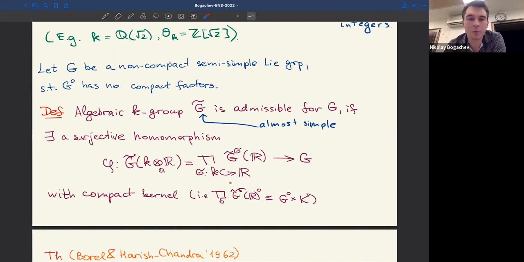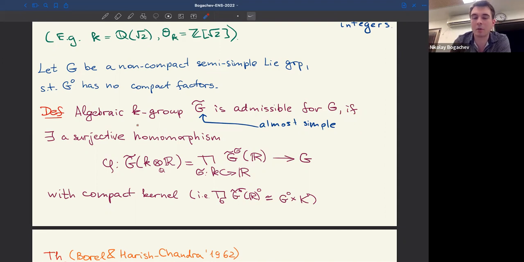So what does this product mean? We have here G tilde sigma, and our G tilde is given by a set of polynomials over the field K. We can think of a system of polynomials, and G tilde is just the set of solutions of this system of polynomial equations.